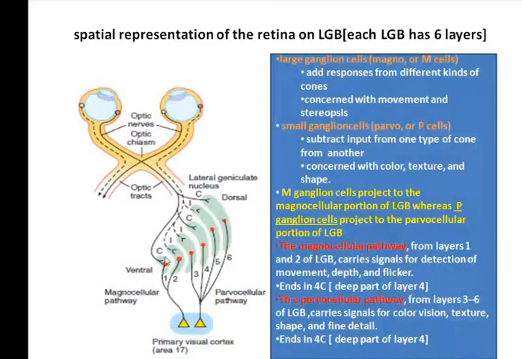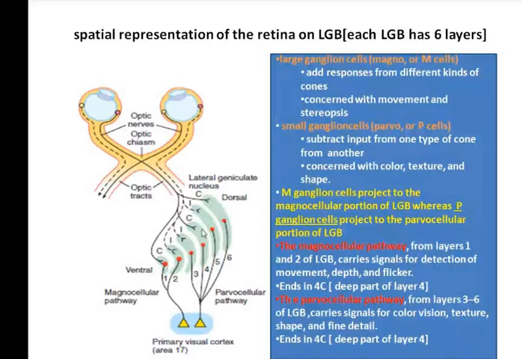The lateral geniculate body is present in the thalamus, which is the relay station. It is one of the nuclei of the thalamus and has 6 layers: 1, 2, 3, 4, 5, 6.